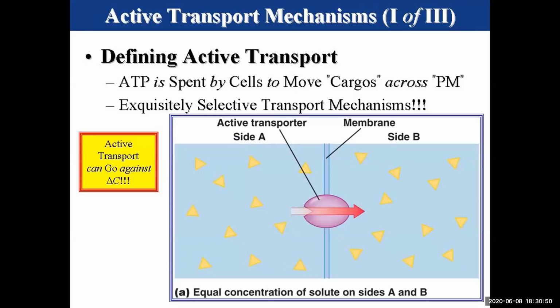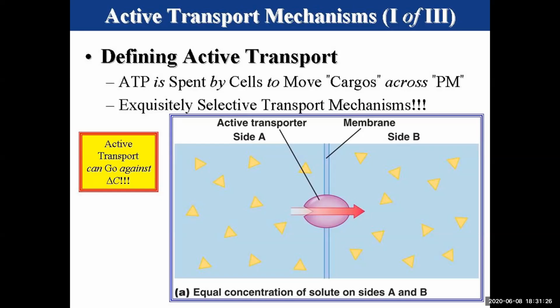Now moving on to active transport. Now all active transport mechanisms require transmembrane protein. All active transport mechanisms always require cellular energy, ATP. An active transport mechanism is much more selective than passive transport mechanisms.